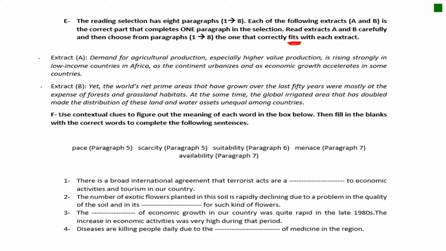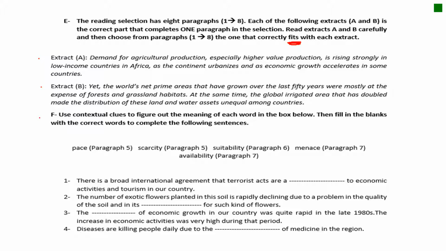Last part, use contextual clues to figure out the meaning of each word in the box below. Then fill in the blanks with the correct word to complete the following sentences. Pace, scarcity, suitability, menace, and availability.